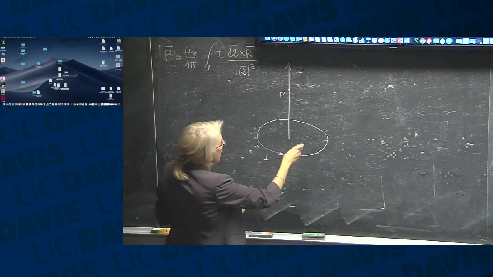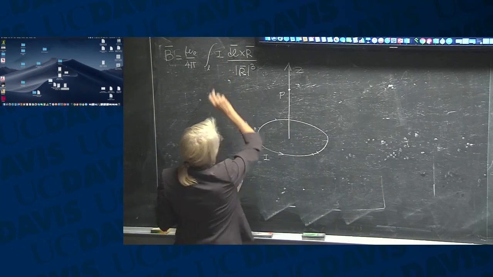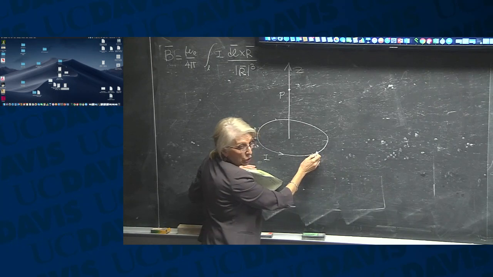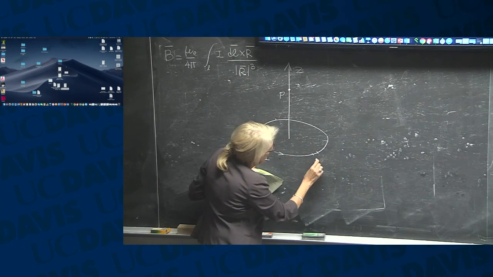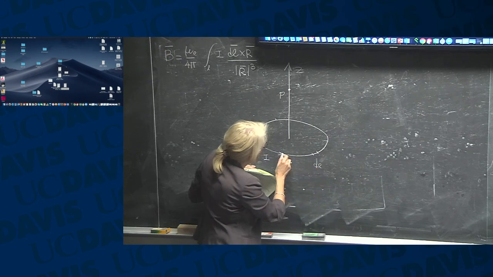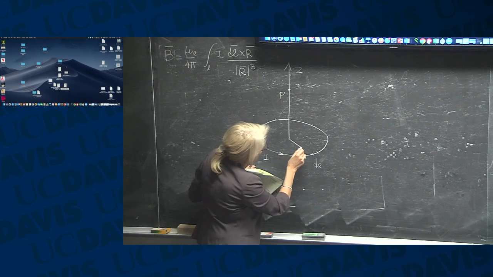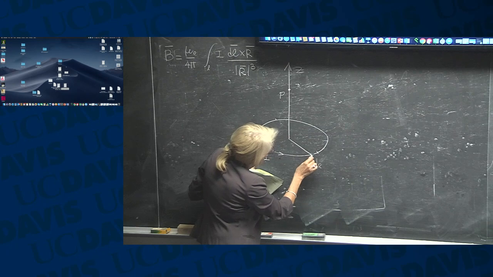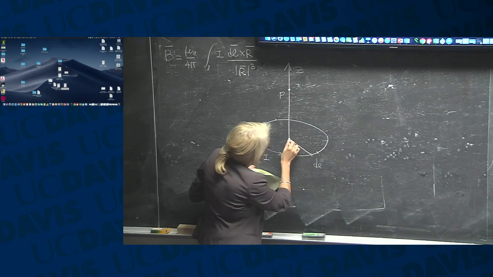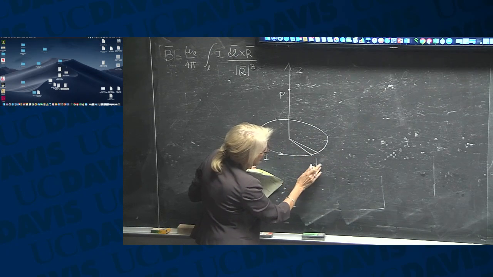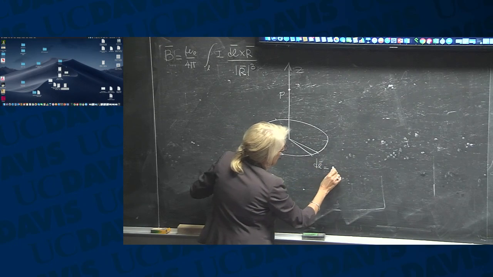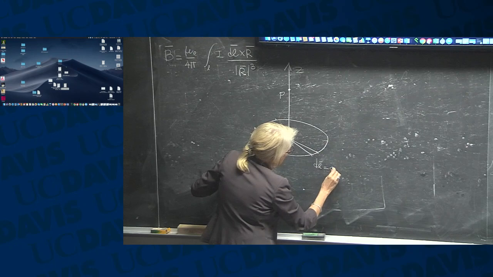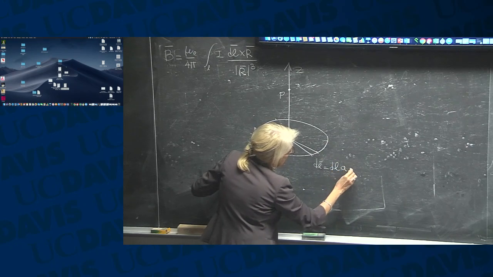All right, so we need to find a small section of this current. So dl is here. This is dl. The current flows like this. As I did before, we are going to write dl as dl a sub phi.